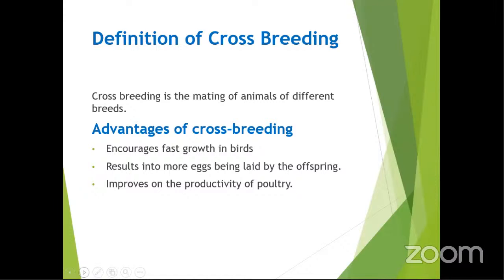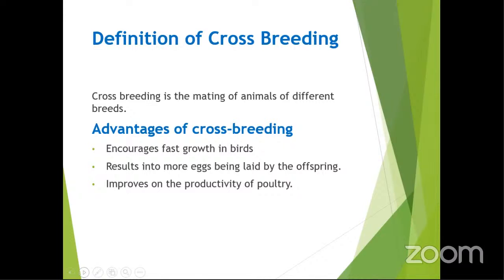So this is basically what I wanted us to learn today. That is exactly what I wanted us to learn today. So today we started with the breeds of chicken, and we were able to get to know the meaning of the word breed. We said that a breed is a group of animals with specific characteristics.